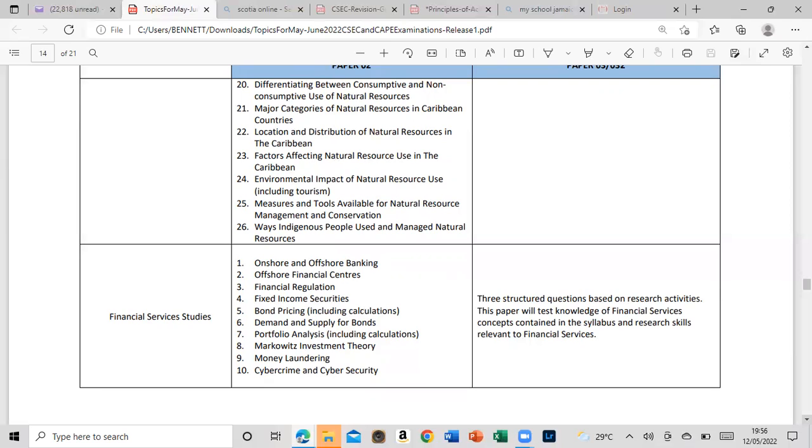Markowitz investment theory and money laundering. Cybercrime and cybersecurity, right? And for paper 3 it is 3 structured questions based on research activities. This paper will test knowledge of financial services concepts contained in the syllabus and research skills relevant to financial services.